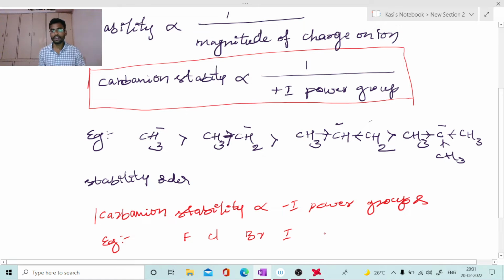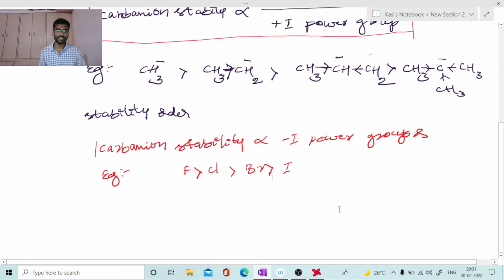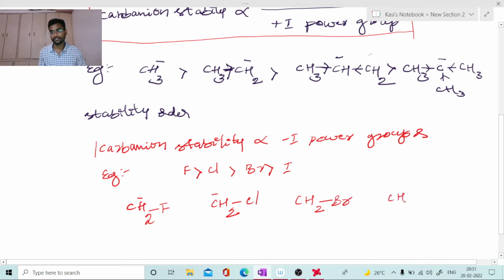The order of minus I power is more for fluorine, next chlorine, bromine and iodine. So take the example CH2 minus F, next CH2 minus Cl, then CH2 Br, then CH2 I.